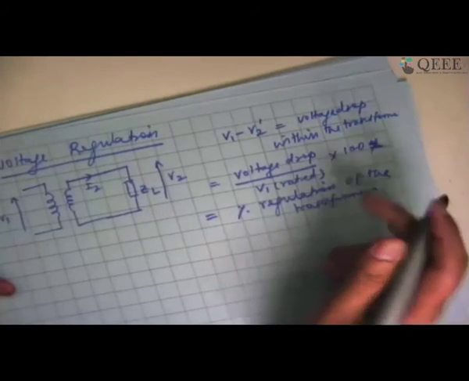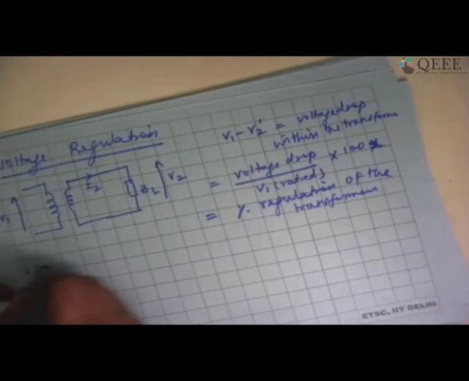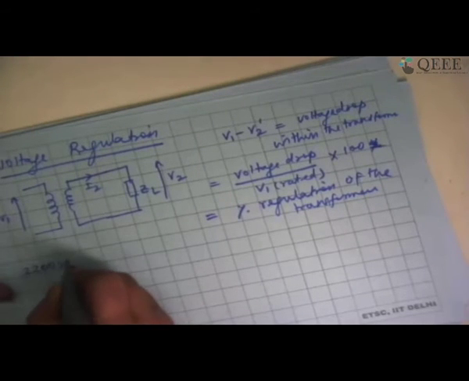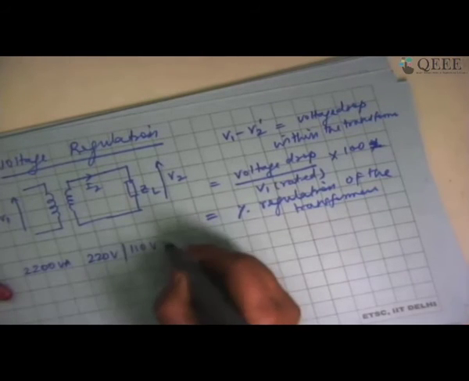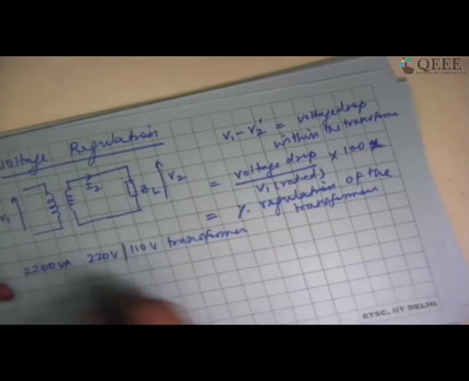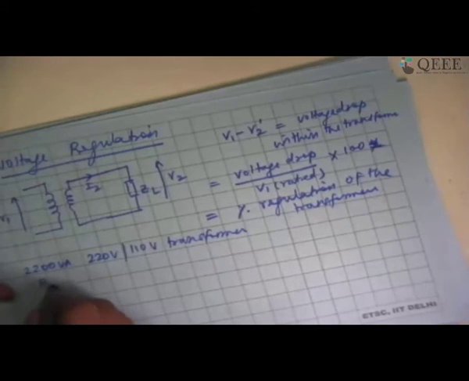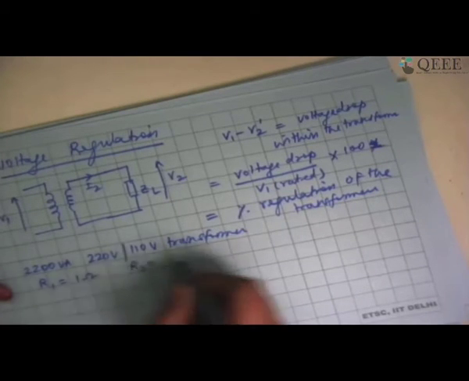So it is a performance index of the transformer. Let us take typically one example. Let's take the same 2200 VA, 220 volts, 110 volts transformer. Let me take, maybe my R1 is probably 1 ohm and R2 is about 0.6 ohms.